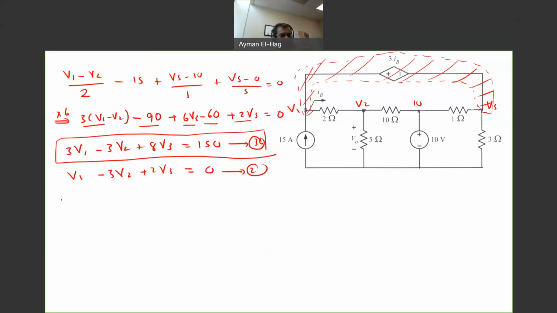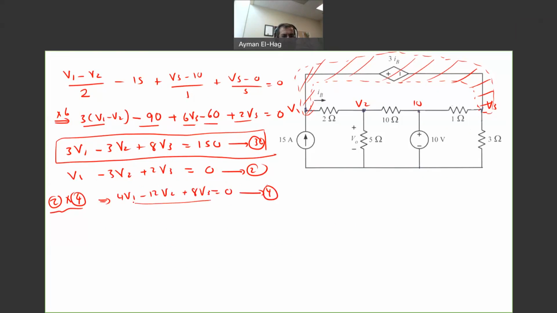So to get rid of this, I will multiply equation 2 times 4. So what we will get here, when we do that, 4V1 minus 12V2 plus 8V3 equal to 0. This is equation number 4.